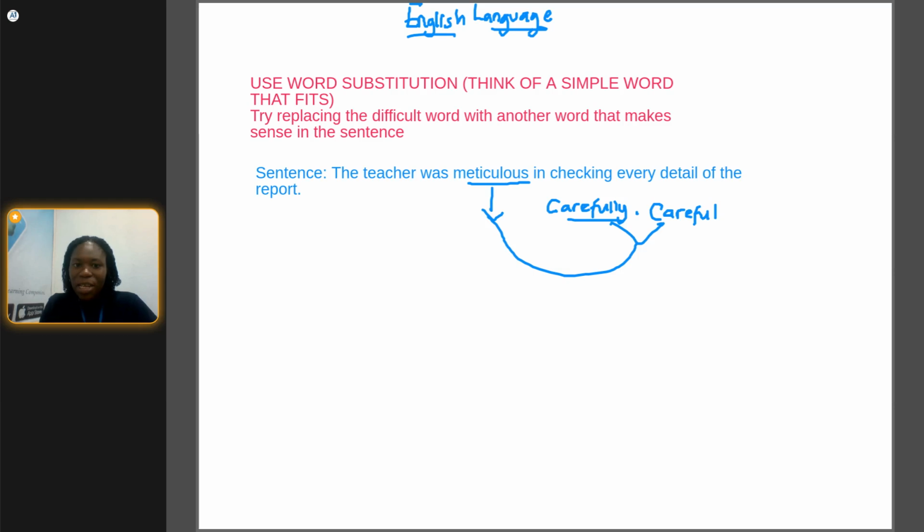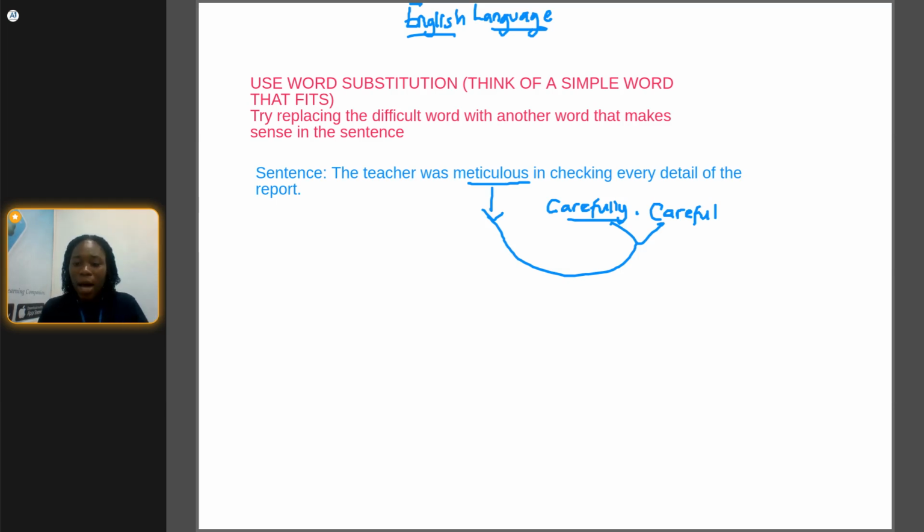Okay, synonyms for careful. So if you now have any of those words under the options provided to you, whether you find precise, thorough, detailed, or careful, then you already know what to go for, because you substituted meticulous for careful or carefully, and then you can decide what it means and choose your synonym correctly.